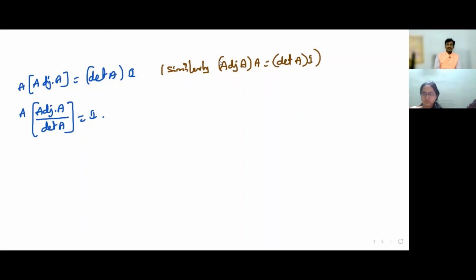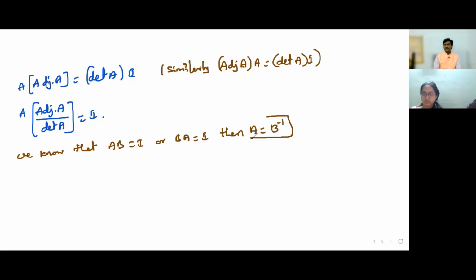Here we know that if AB is equal to I or BA is equal to I, then A is equal to B inverse, one is inverse to each other. A is equal to B inverse or B is equal to A inverse.